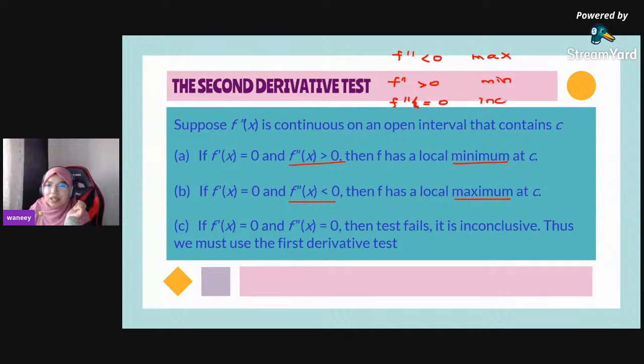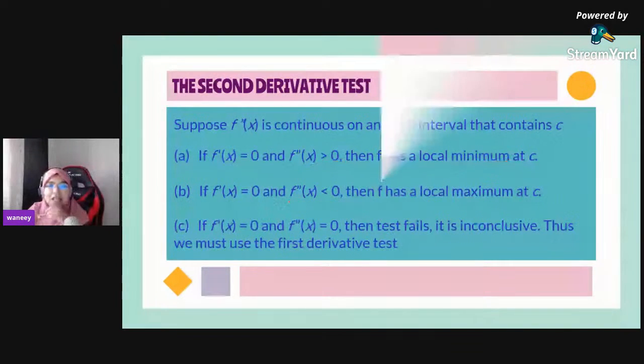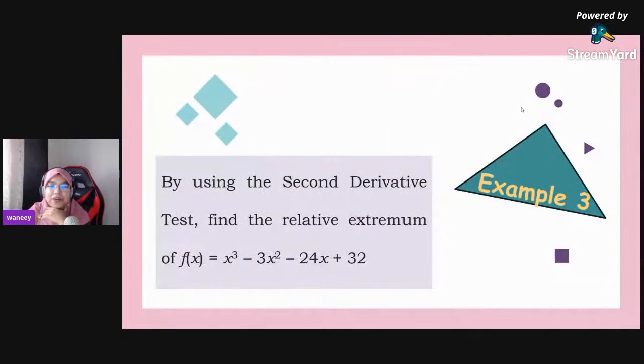So we cannot easily conclude whether we have a minimum or maximum, and you have to go back to the first derivative test. So this test can fail too. Next. Okay, so by using the second derivative test, find the relative extremum for f(x).